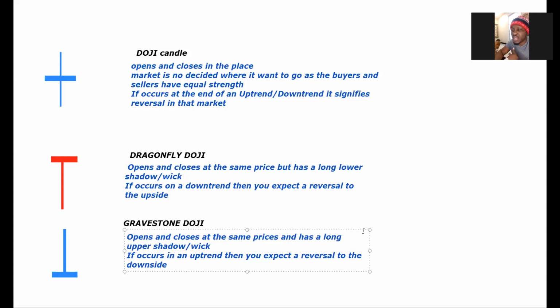Same thing with the gravestone doji: if it occurs in a downtrend, you are expecting a continuation of the downtrend. So depending on where it's occurring, it's going to give you different information.